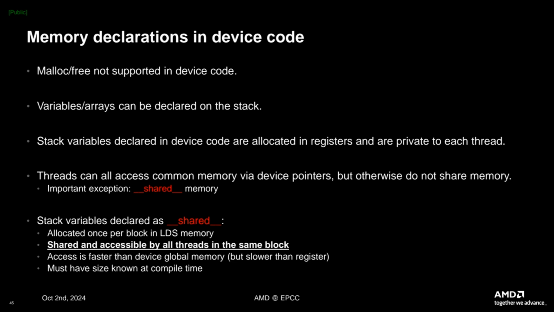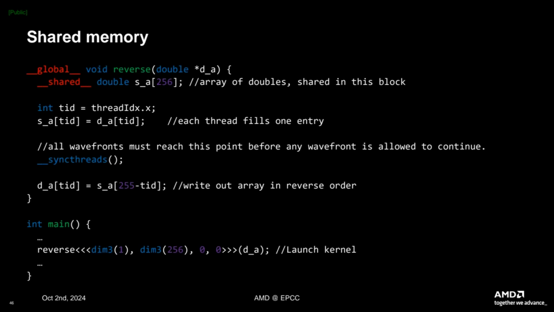But you have to know the size at compile time. So an example is provided here, where we have a kernel that's called reverse, which is basically taking an array as input and then reversing its entries and then giving that as the output. So over here, we are declaring it as __global__, but inside we are also declaring some shared memory, this array of doubles that's shared within the block.